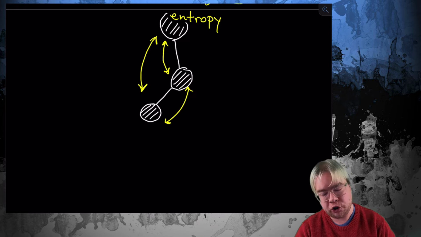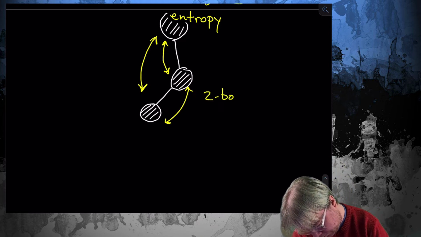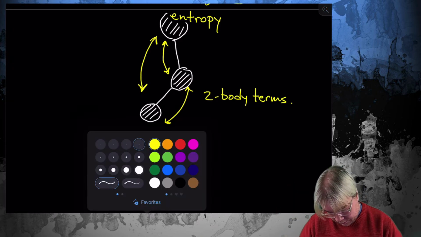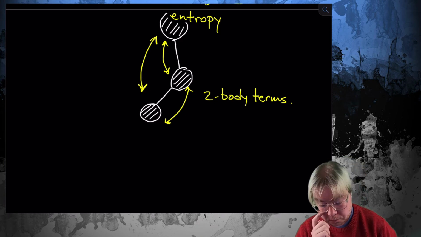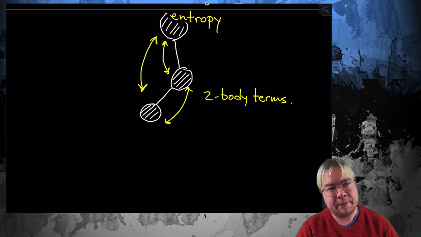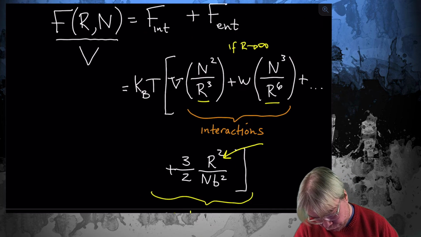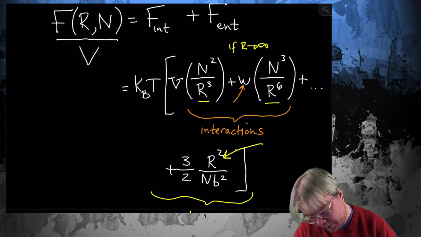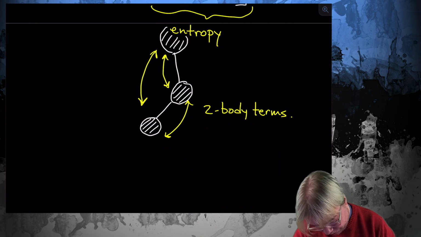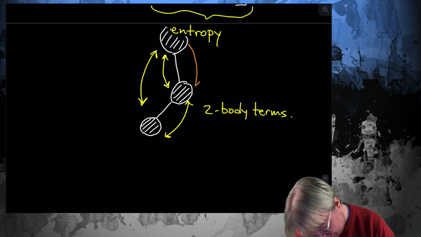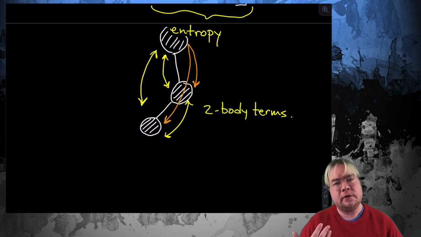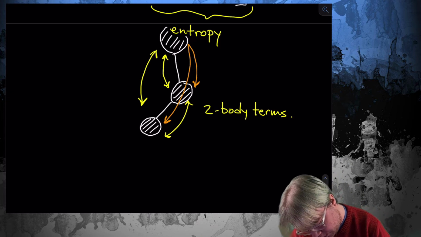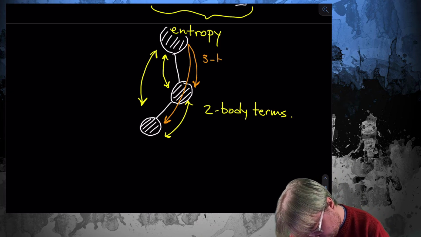So these are two-body terms, and those two-body terms give you the excluded volume. You saw in detail in the last video how that happens. w, right here, is a three-body term. The three-body term is due to this interaction and that interaction, so it includes interactions between three particles.